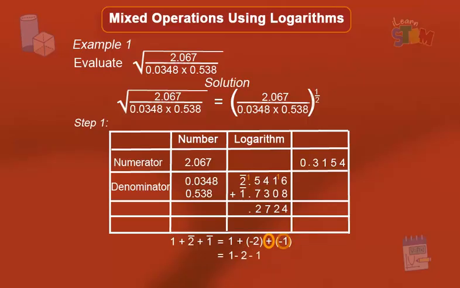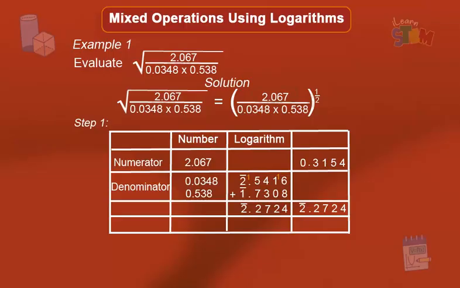Plus times minus 1 is minus 1. Now let's solve. 1 minus 2 is minus 1. Minus 1 is equal to minus 2. Refer to the rule for adding integers if needed. Minus 2 is the same as bar 2, so we will write bar 2 here. Our answer for the denominator is bar 2.7724. So we will insert our answer in the next column.